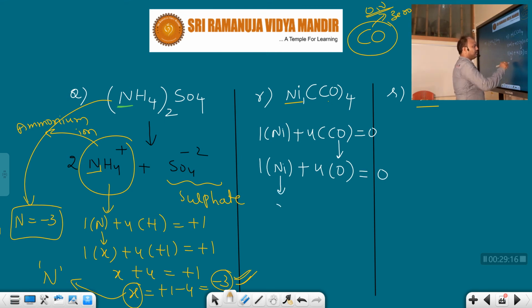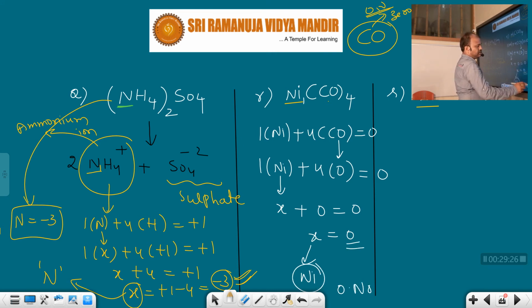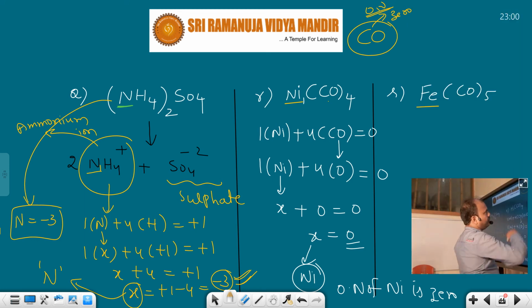We have to find the oxidation number of nickel, say X. X plus 4 times 0 is equal to 0, so X is equal to 0. X is nickel, so the oxidation number of nickel in nickel tetracarbonyl is 0. In the same manner, a carbonyl group will be given in Fe(CO)5.